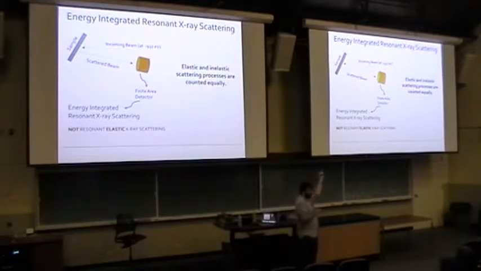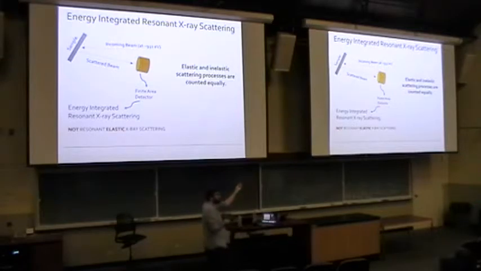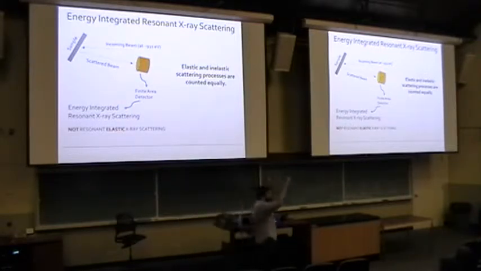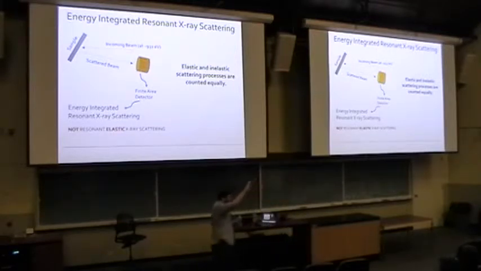Now, this is where I say the easiest experiment you can do is the energy integrated, as I call it, resonant X-ray scattering. This is not really a standard term, but I'm hoping to make it standard. Because what you're doing here is that you have an incoming beam scattered off your sample, and you detect all those scattered photons in your detector, regardless of whether the photon went through an elastic process or whether it lost 1 electron volt, you count them equally.